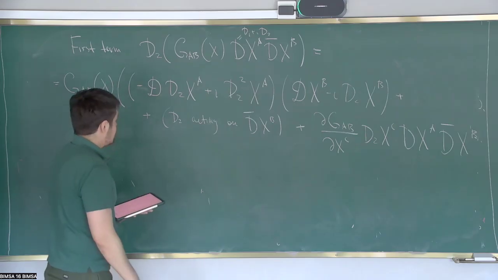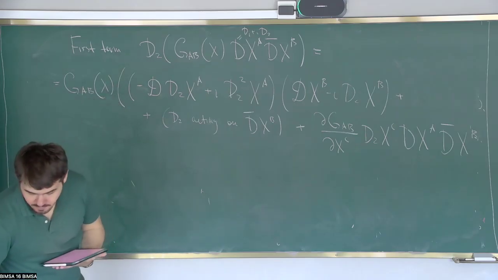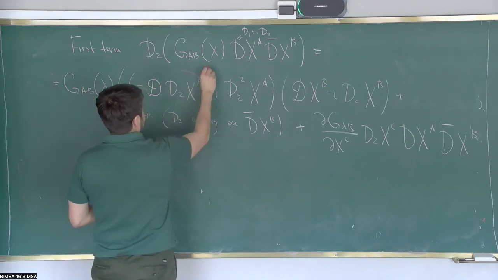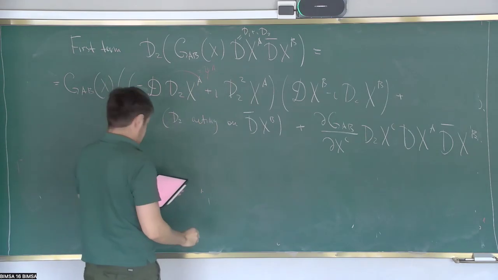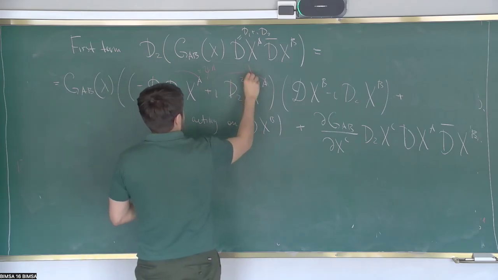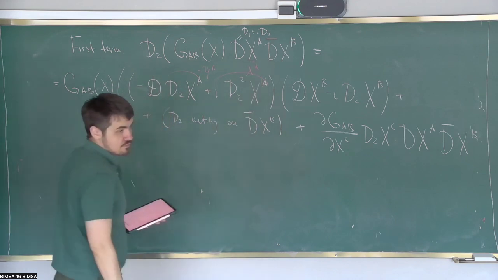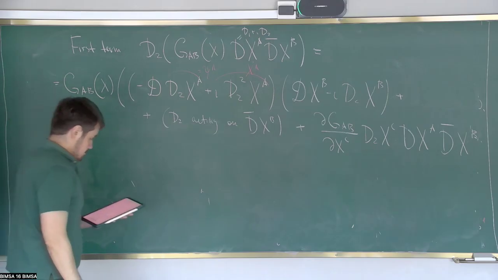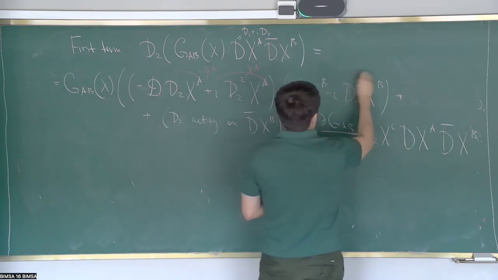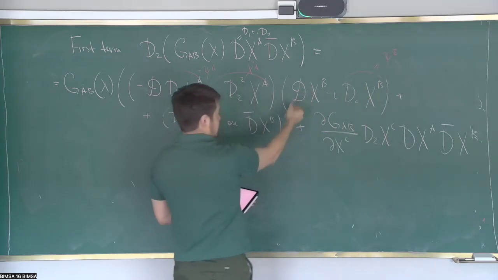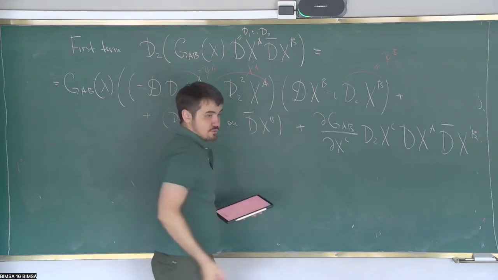So now I need to say that this d2 x^a is psi^a, the new field. Then this guy is just x^a dot, right? Derivative. And for example, here d2 x^b is psi^b.